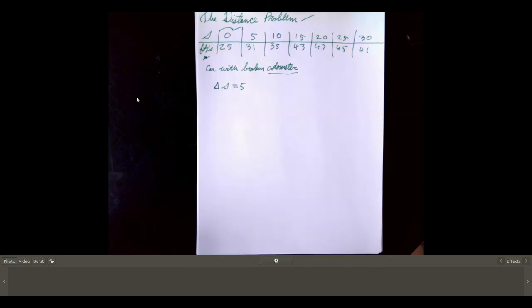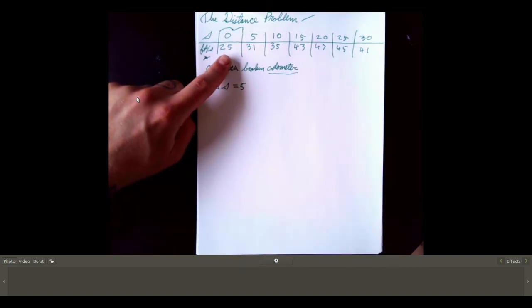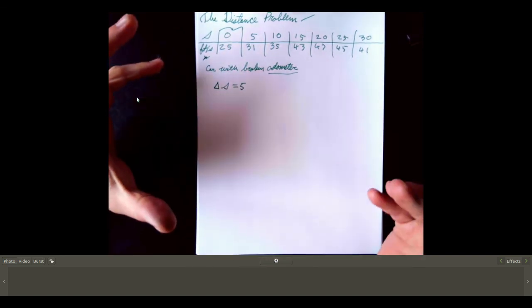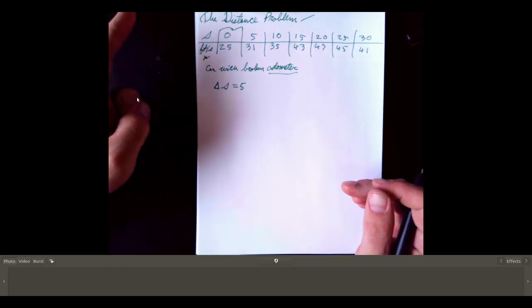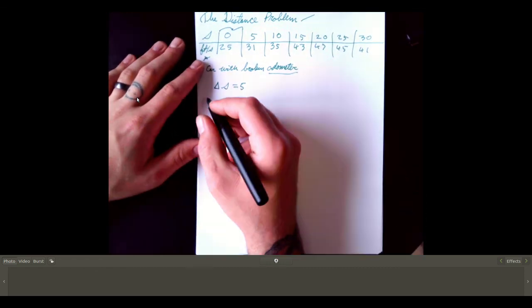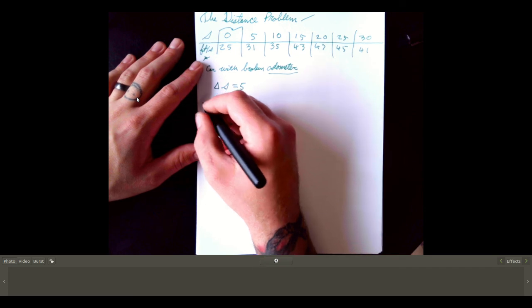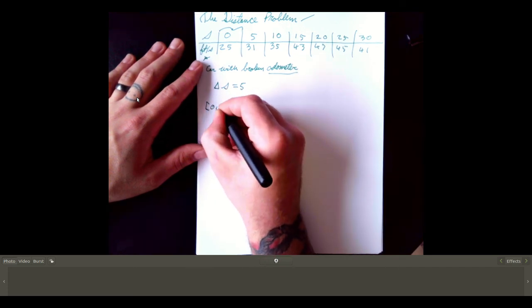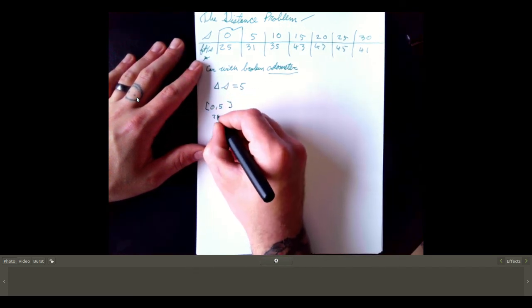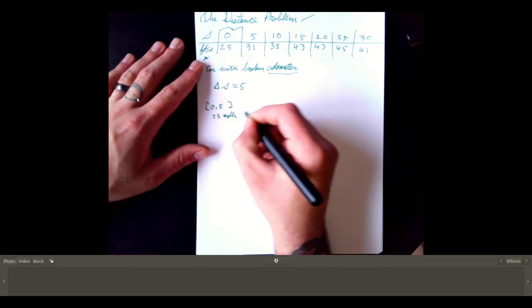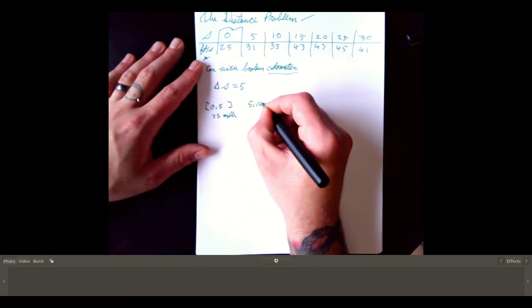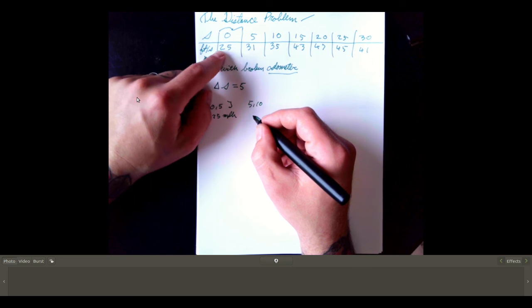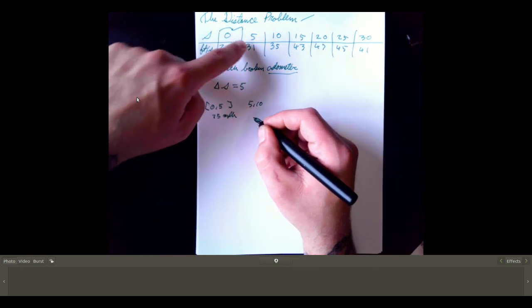What we're going to do is estimate that our speed was constant over these units of time. And there's two ways you can think about it. On one way, over 0 to 5 seconds, you were at 25.